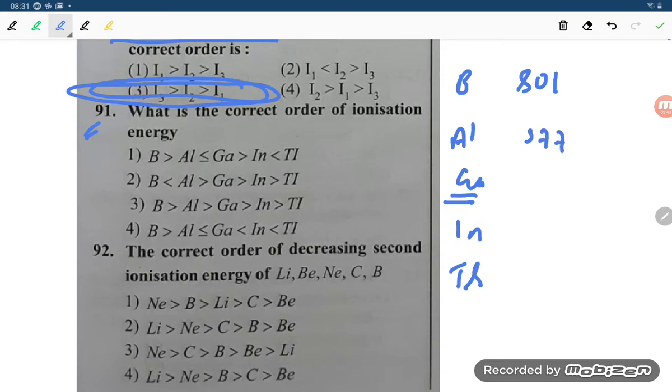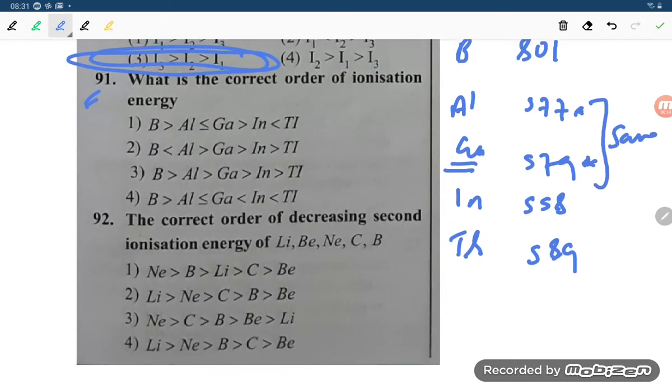Then this is 577, this is 579, 588, and this is 589. If you look at these figures, 577 and 579, or 558, these two figures are almost the same.